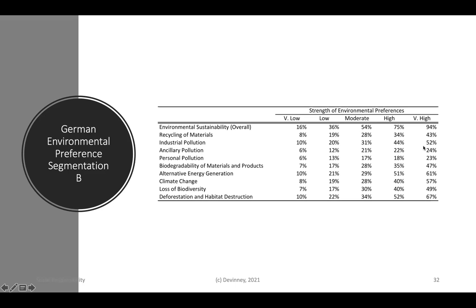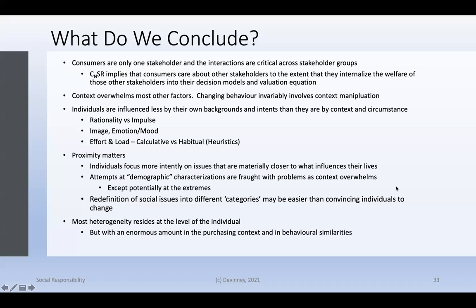Even though they put a lot of emphasis here, they don't seem to blame individuals. Recycling is not materially that different. Their concerns about climate change are high as well, and loss of biodiversity. So you could see which issues appear.